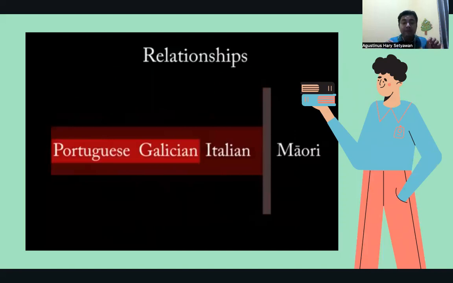Now, if we draw the conclusion from this, we can draw the relation first with the color. The Portuguese and Galician are the closest one. And then we have the other one, the Italian language.